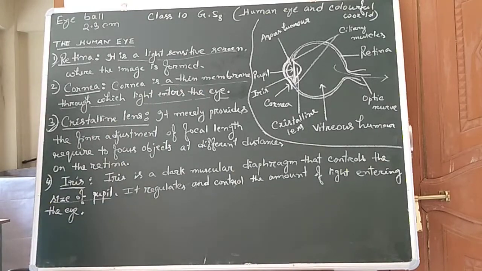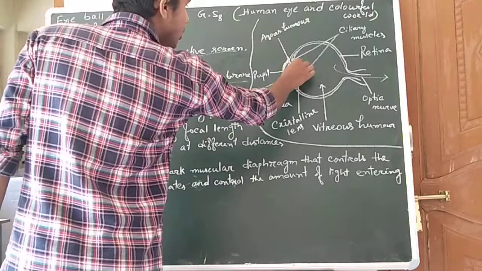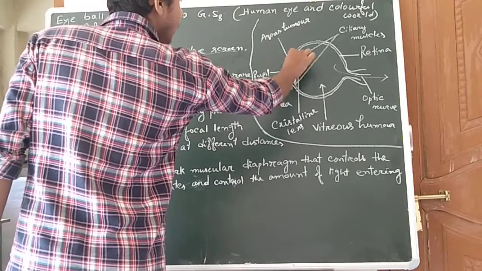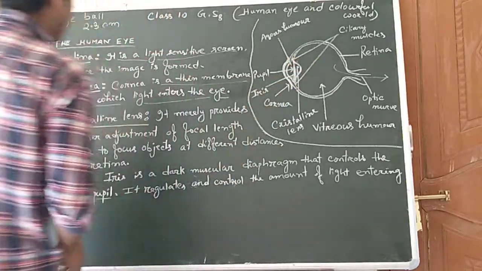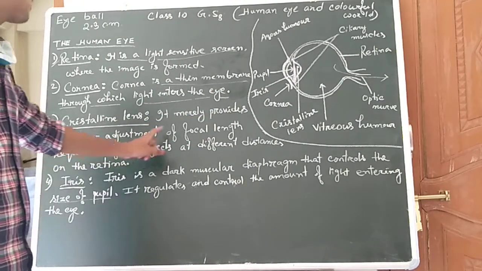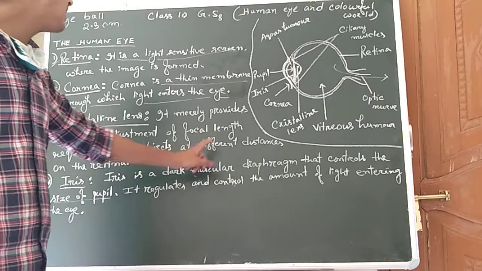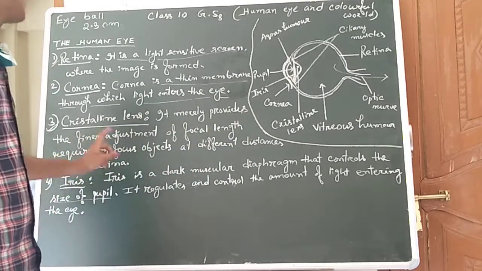And after that, crystalline lens. So what is crystalline lens? This portion is called crystalline lens. It merely provides the finer adjustment of focal length required to focus objects at different distances on the retina.